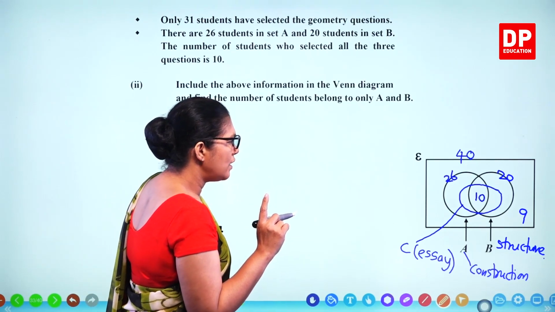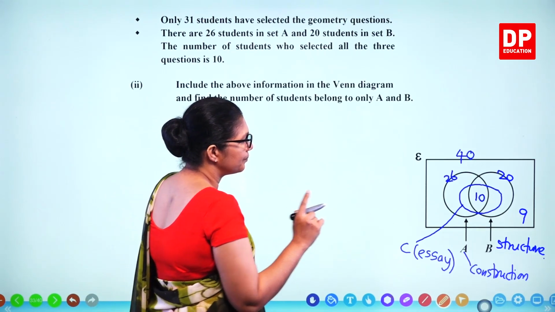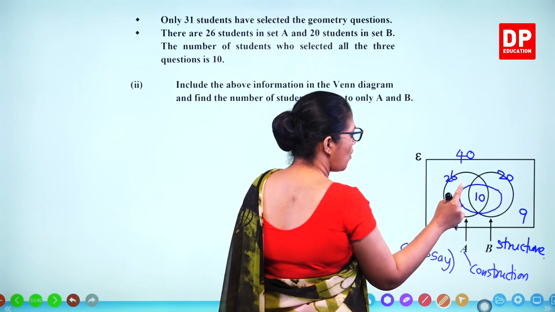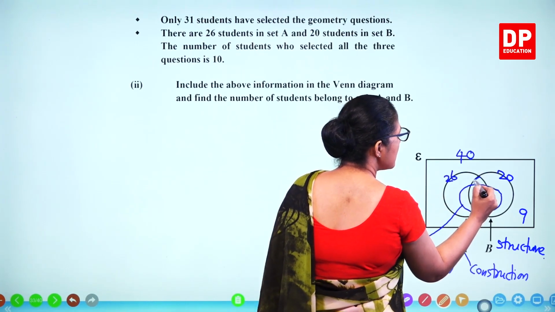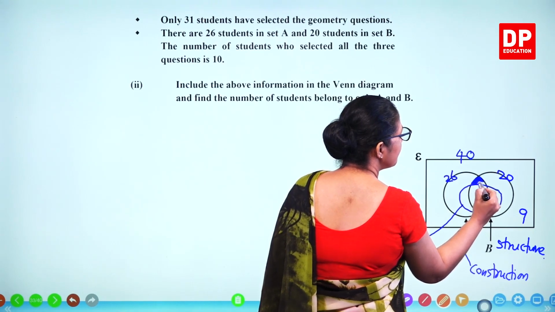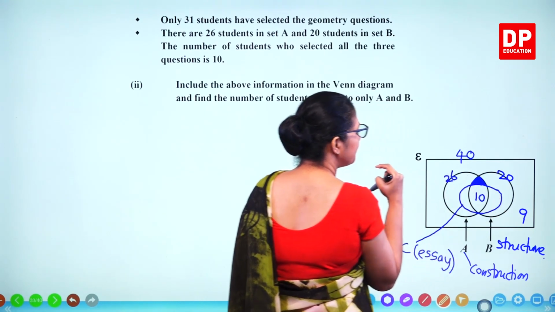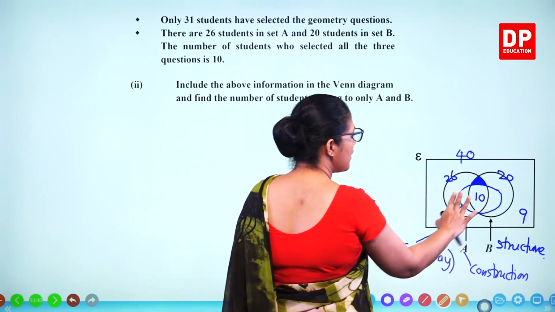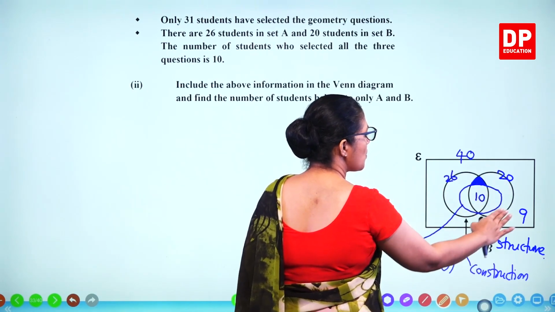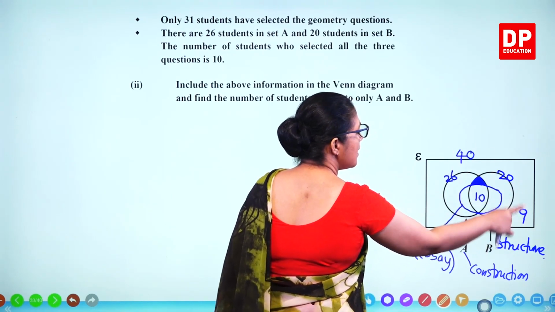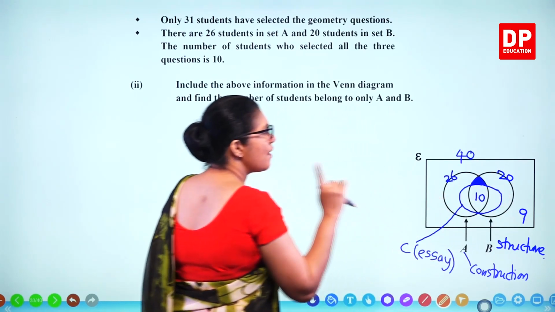So look at carefully. You need to find out only A and B means this part, so this region. So how many? Now think about without C. This part is 26, this is 20. And this whole thing should be 31.